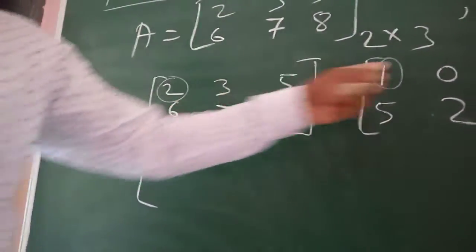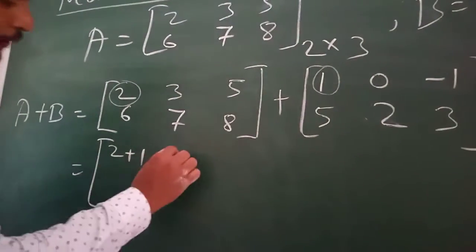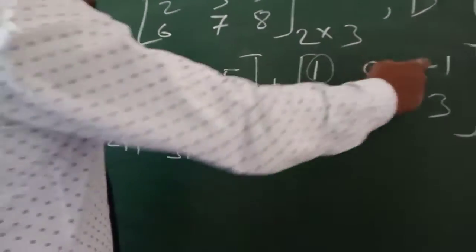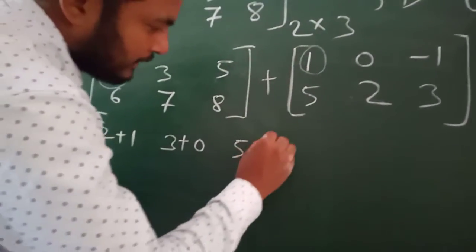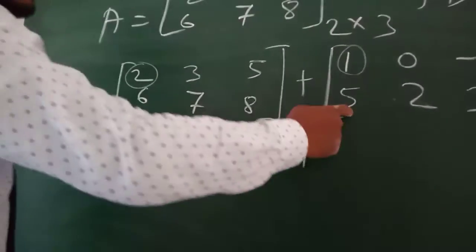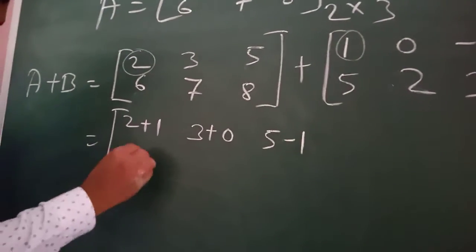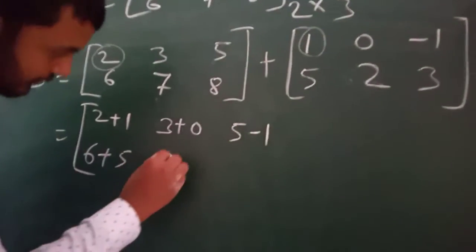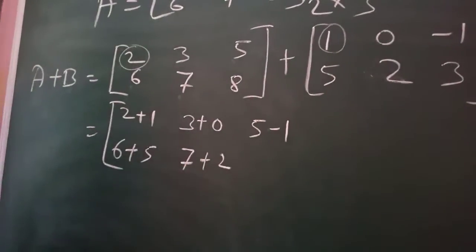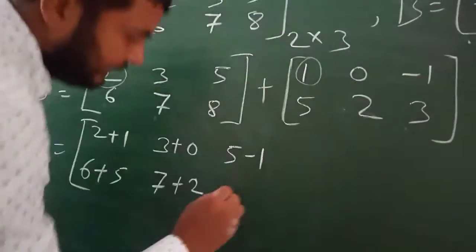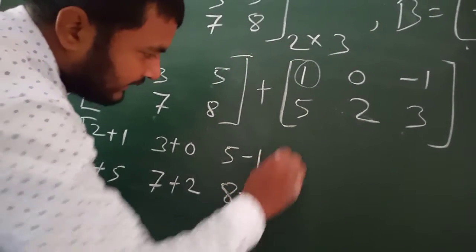Then 3 is here, 0 is there, so 3 plus 0. Here 5 is there, here minus 1 is there, so 5 plus minus 1, that is 5 minus 1. Then 6 and here 5, 6 plus 5. Here 7, here 0, so 7 plus 0. Here 8 and here 3, so 8 plus 3.